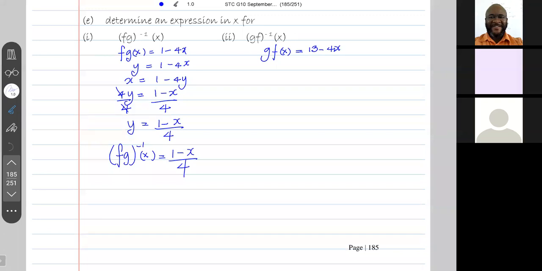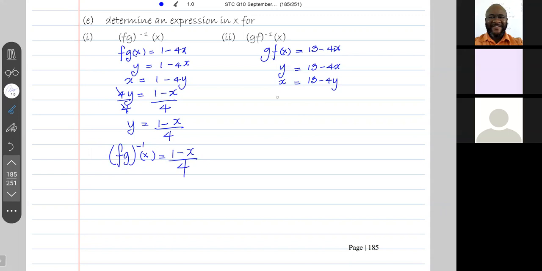All right, so g of f inverse of x, 4 steps. Take out g of f of x and say y is equal to 13 minus 4x. Step 2 is to interchange x and y. So x is equal to 13 minus 4y. Step 3 is to make y the subject.